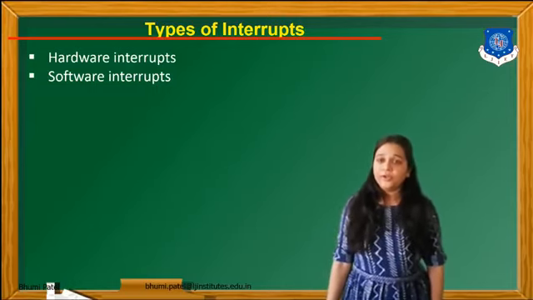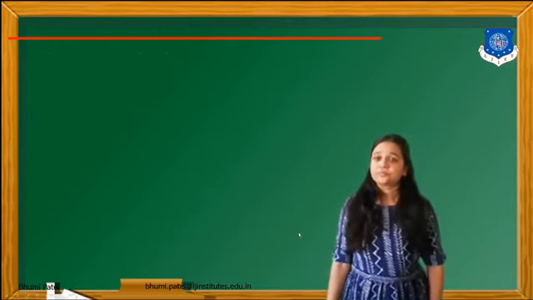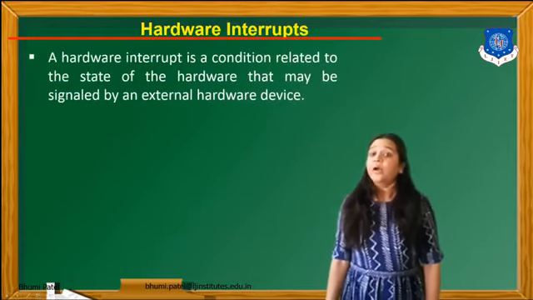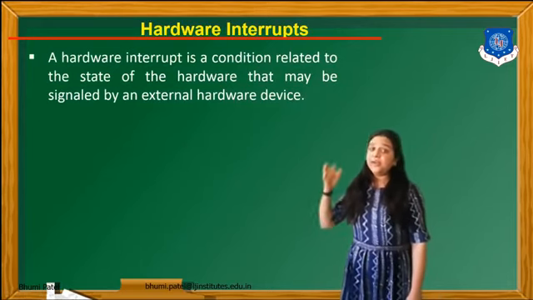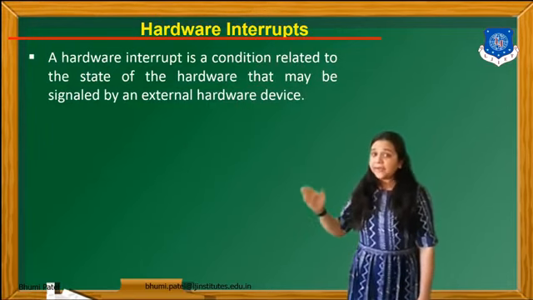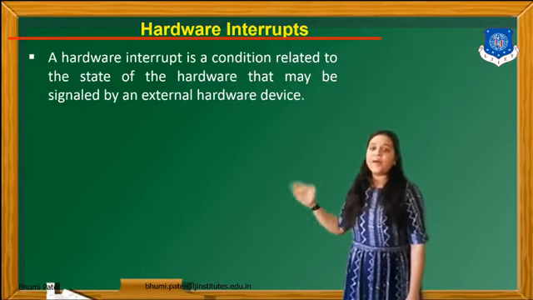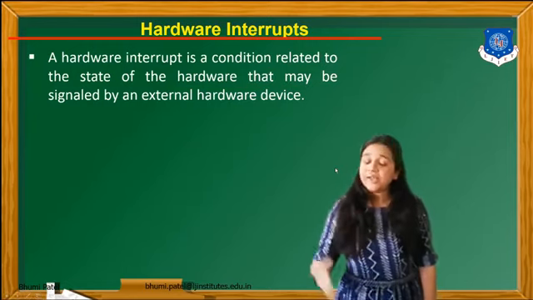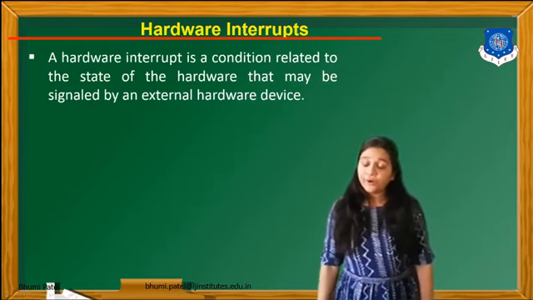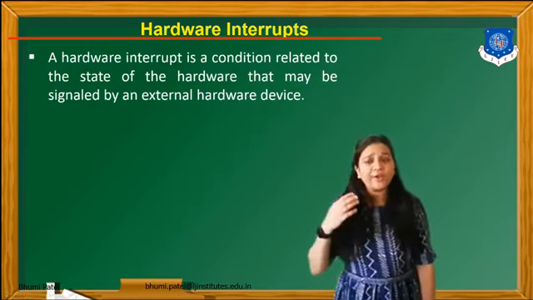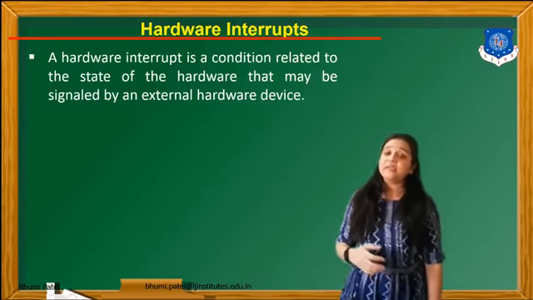First of all, what is the hardware interrupt? A hardware interrupt is a condition related to the state of the hardware that may be signaled by an external hardware device. As we studied in chapter number 4, we can interface different types of input and output analog devices with the PLC hardware.